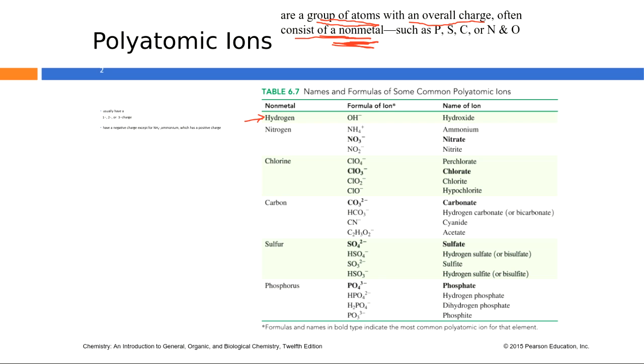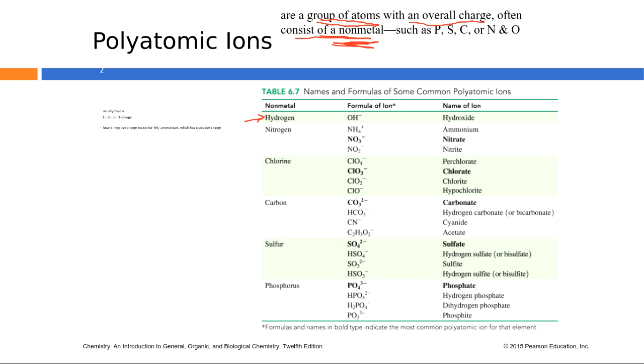As we said before when we were talking about the periodic table, the hydrogen element is located on the left side of the periodic table within group 1A, but hydrogen is considered a nonmetal, and hydrogen is an exception.